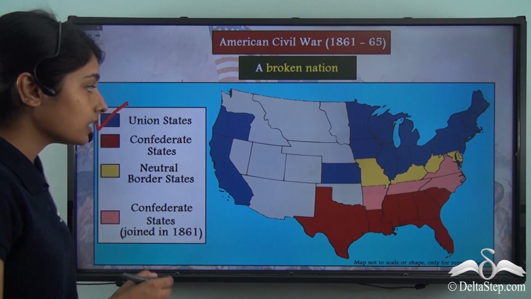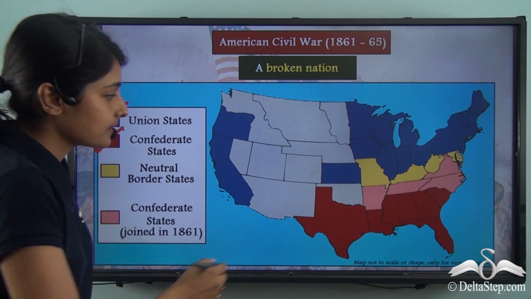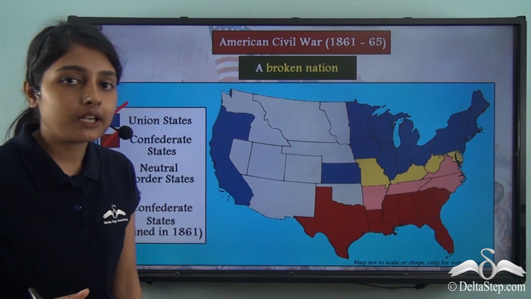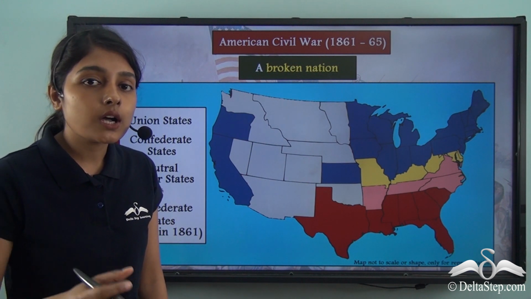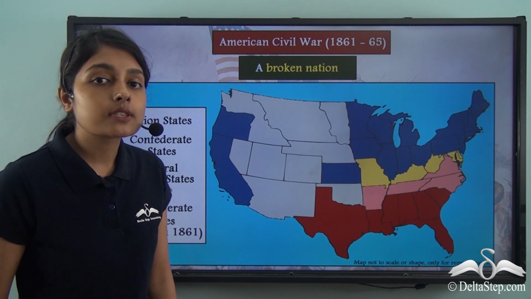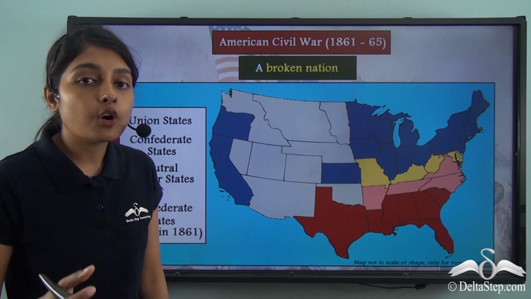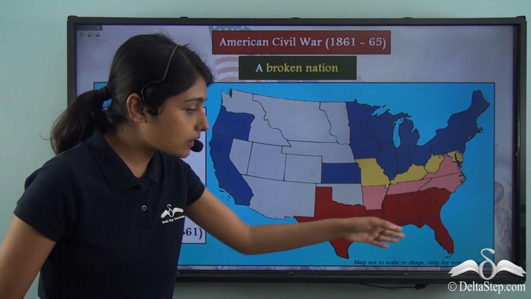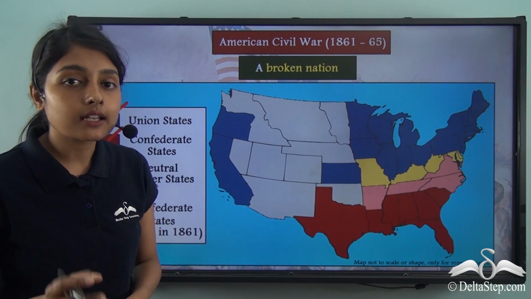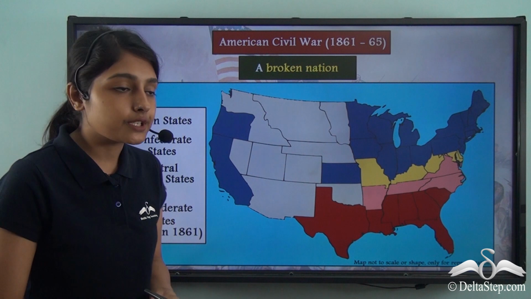Following which came the Confederate states. The southern states together made up the Confederate states. These Confederate states were the ones who wanted the continuance of slavery, who thrived on using slave labor. So the Confederate states were the ones that were lying in the southern parts of the country.